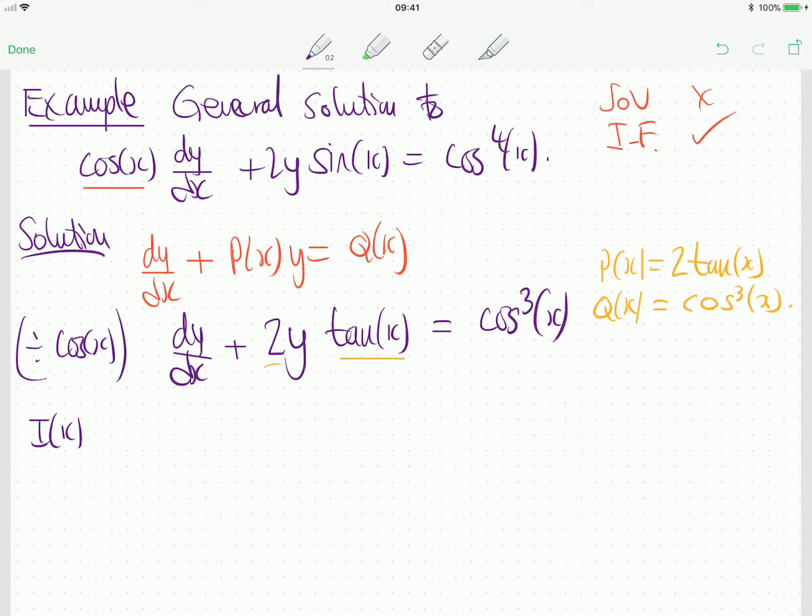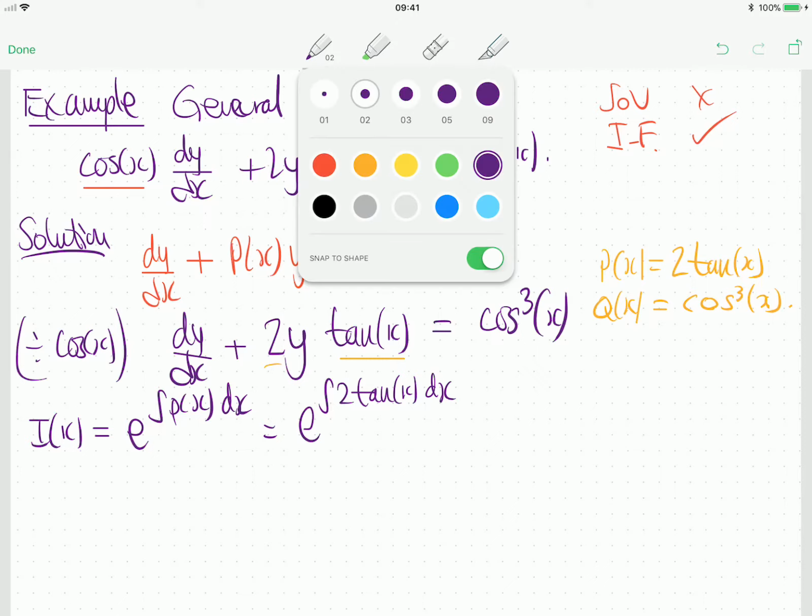So the integrating factor is e to the integral of p with respect to x. So if we put in our p, we integrate tan of x with respect to x.